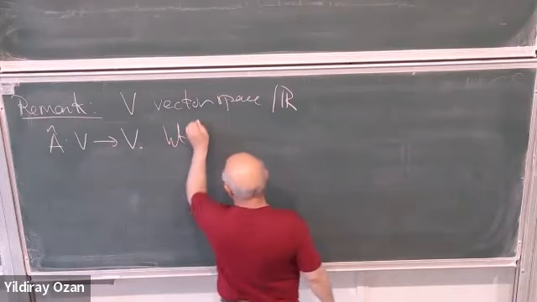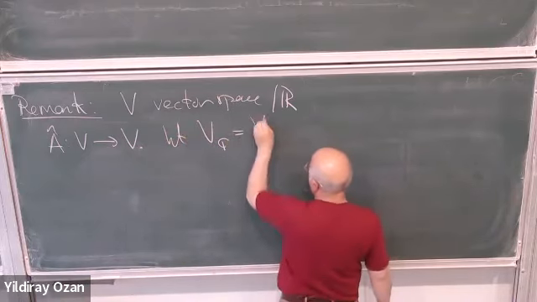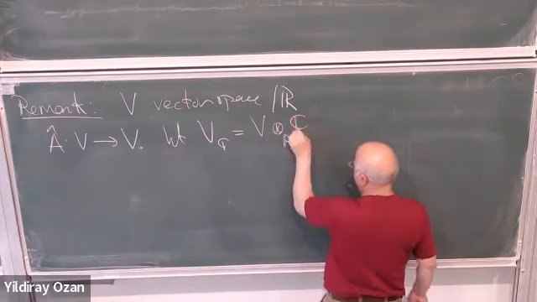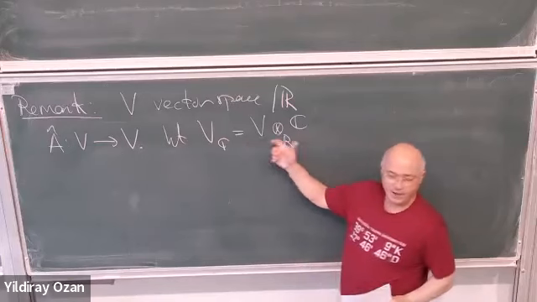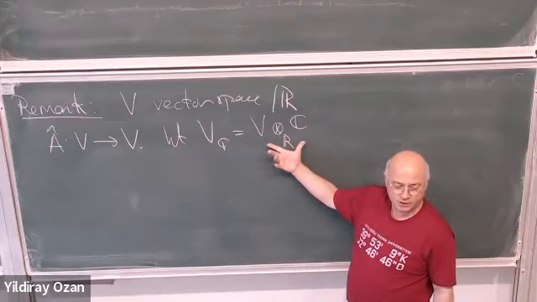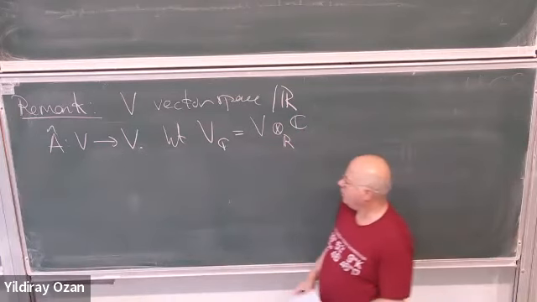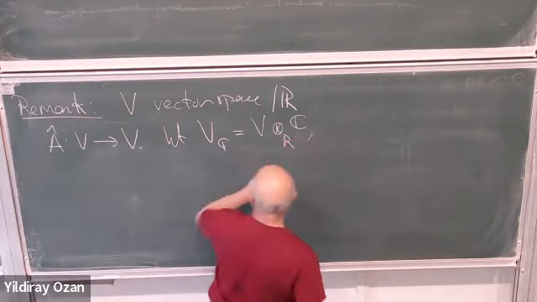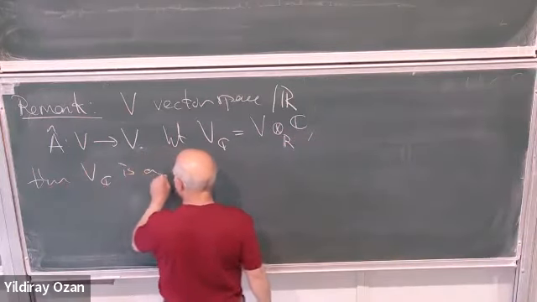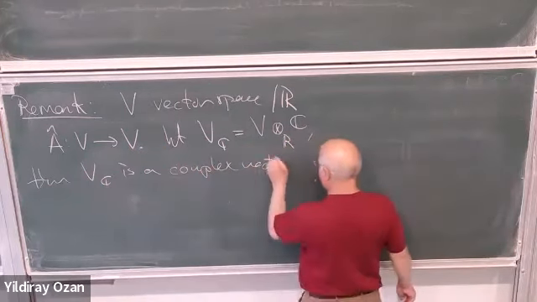Let E sub C be the following: I take E and tensor it with C. Both E and C are vector spaces over R, so I just consider the tensor product over R. Then E sub C is a complex vector space.